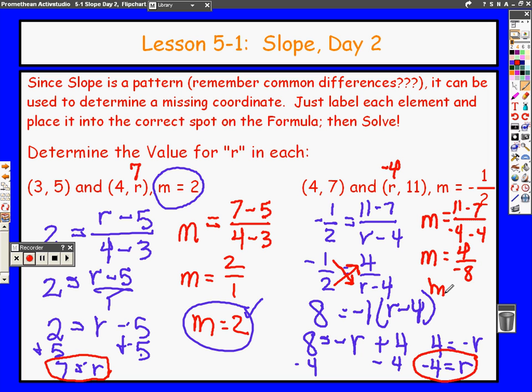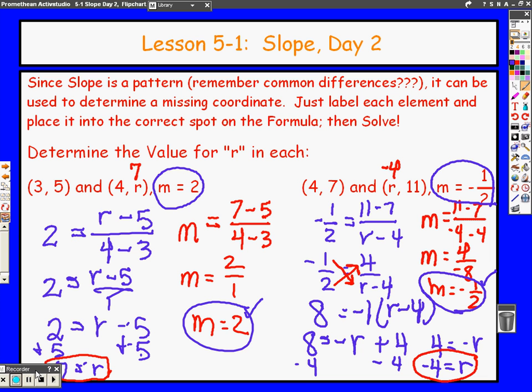And I end up with m equals -1/2. Okay, and that tells me that my answer is correct because that is the slope that I started with. So we don't need to be concerned about the fractions if we look at them as if they're proportions because we know how to solve them.